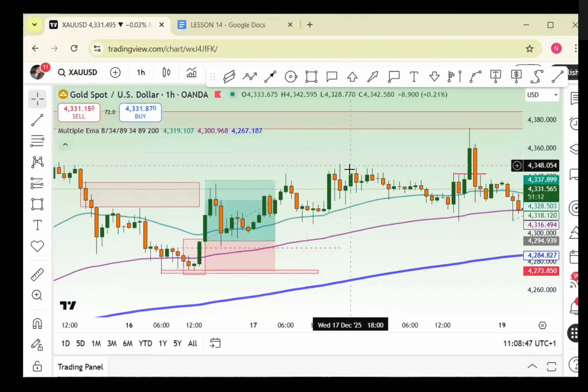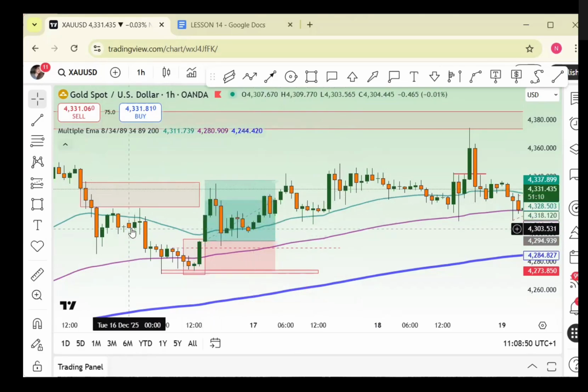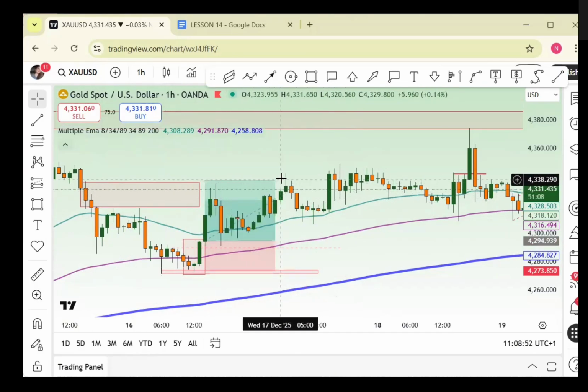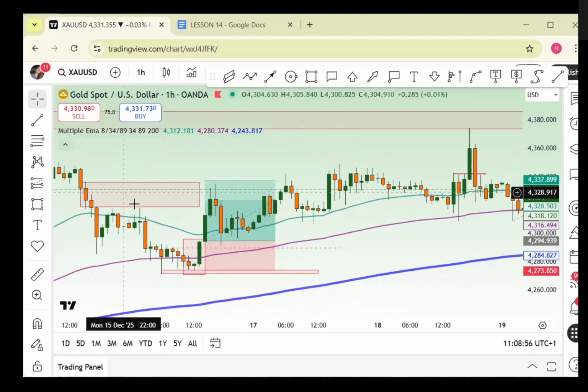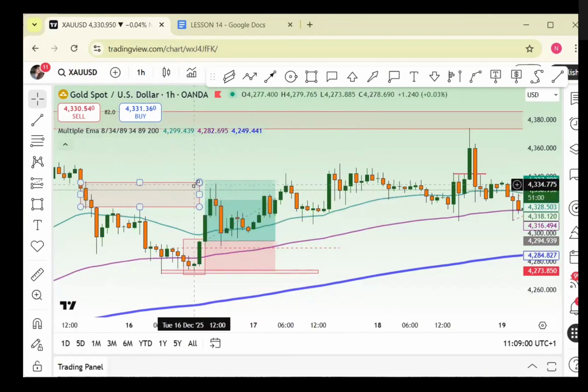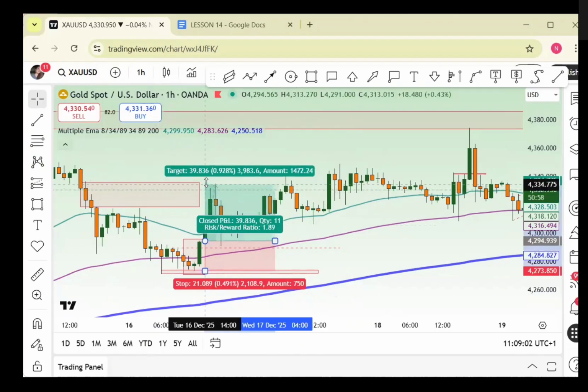This time the bulls, the buyers, are dominating the game, and we need to do the mission. We fill this fair value gap above here, so we can confidently set the second take profit or hold our trade to the next profit.